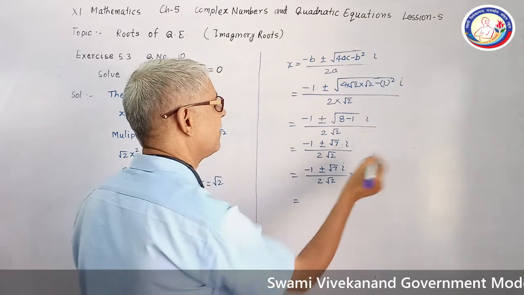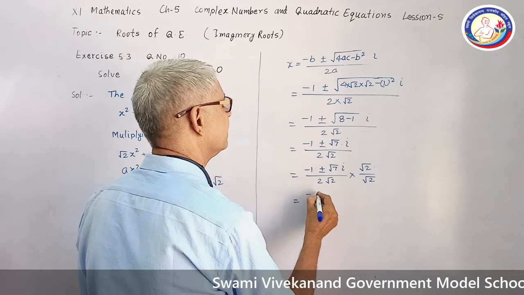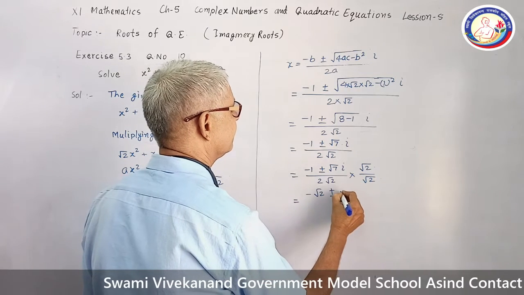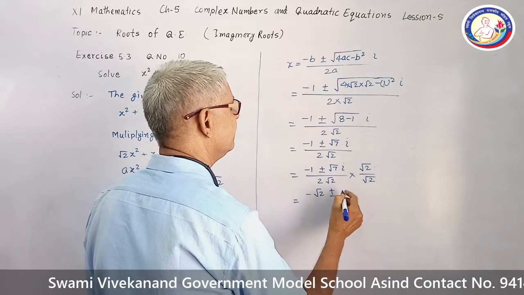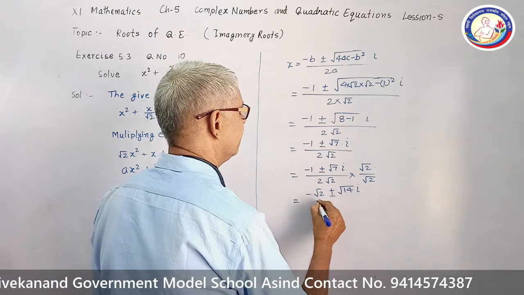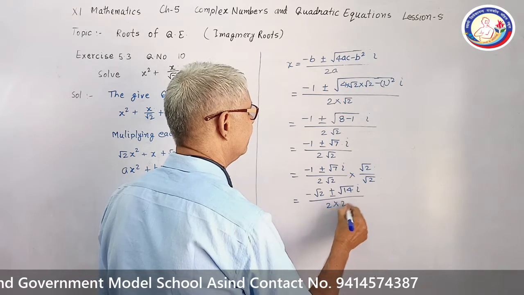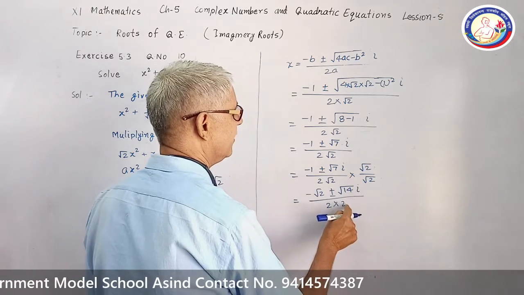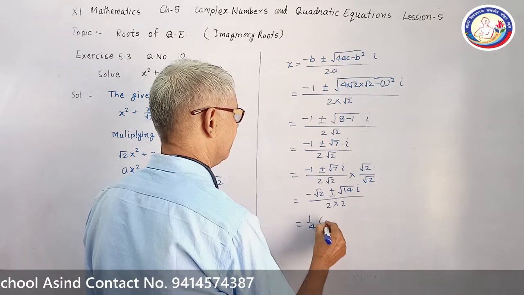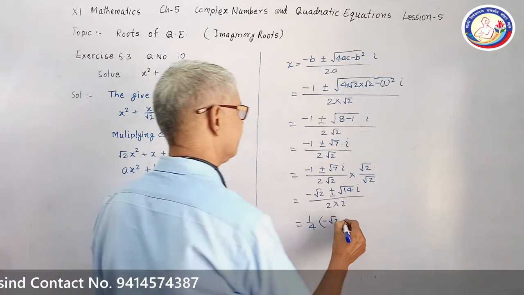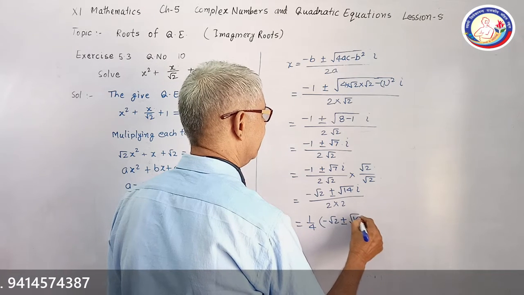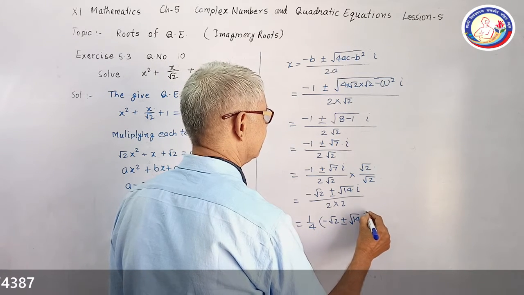So we will get minus square root of 2 plus minus, multiply 7 into 2, that is square root of 14 iota, divided by 2 into 2. Square root of 2 into square root of 2, when multiplied, gives 2. So it is 1 by 4 into minus square root of 2 plus minus square root of 14 iota.